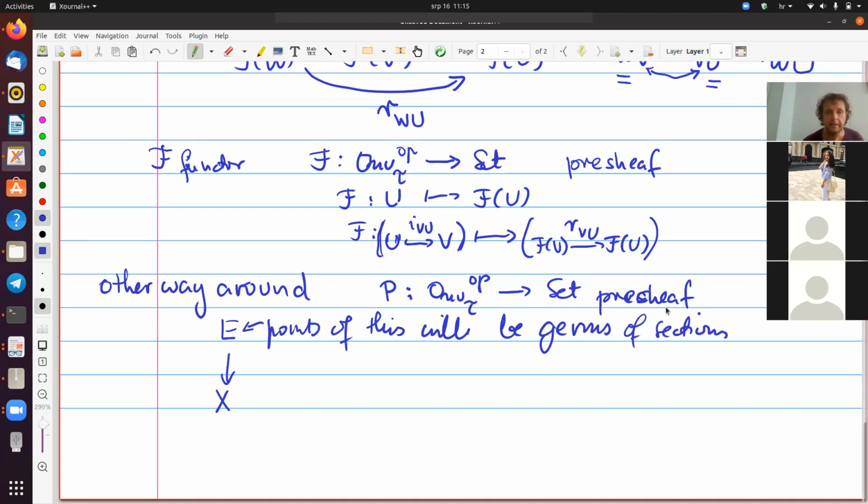That means that you look at the pairs U, where U is open in X, and X is a point.